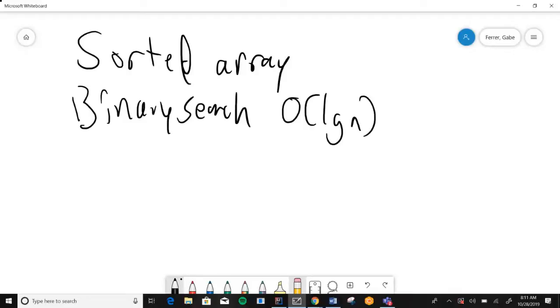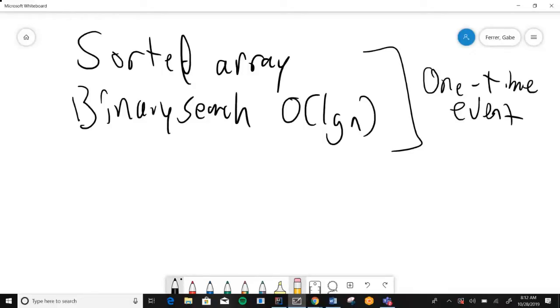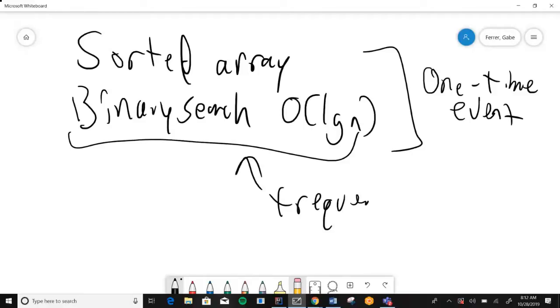And the trouble with this overall approach comes into play if we need to continuously edit our list. So where this is a good solution is if the sorting is a one-time event and then the subsequent searches are frequent.